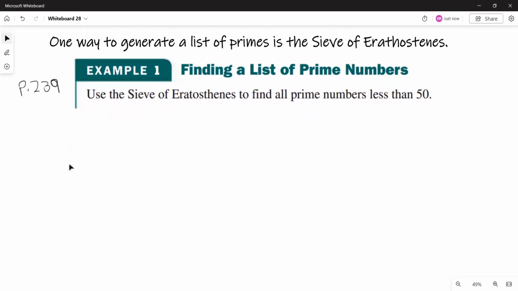Okay, so what we're going to do first is write every natural number up to 50.